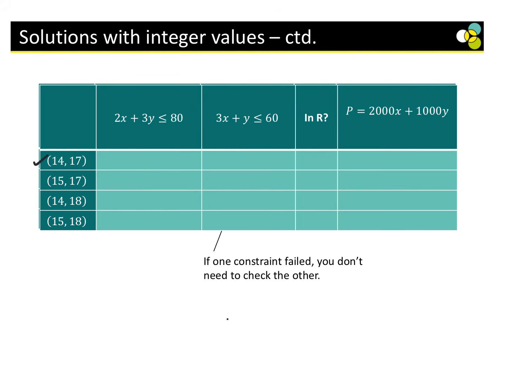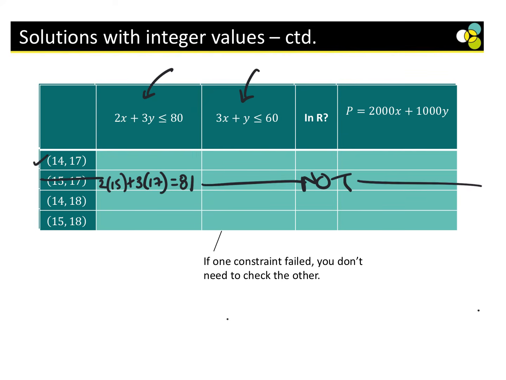We know that's going to work anyway, so let's do 15, 17. 2 lots of 15 plus 3 lots of 17, and what we're checking is our constraints here. That actually equals 81. Is 81 less than or equal to 80? No. So straight away, this is not in the region. Okay, we can cross that out.